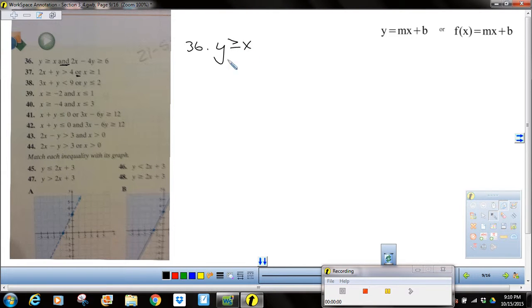Alright, 36. This one's already in slope-intercept form. That saves me some time. This one is not in slope-intercept form. So I will solve it for y to get it in slope-intercept form.